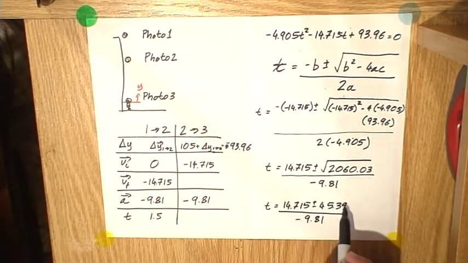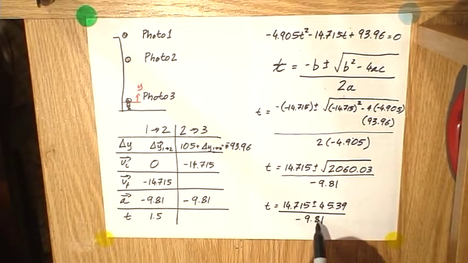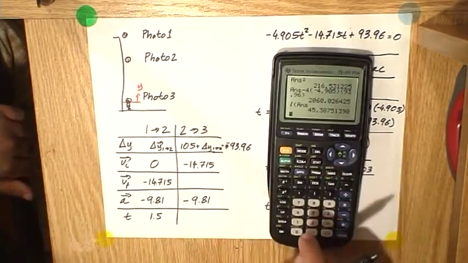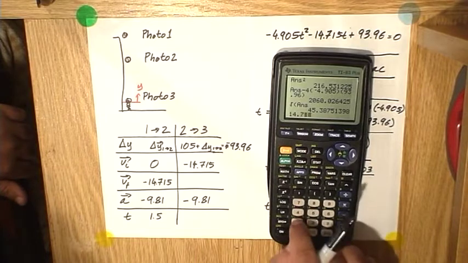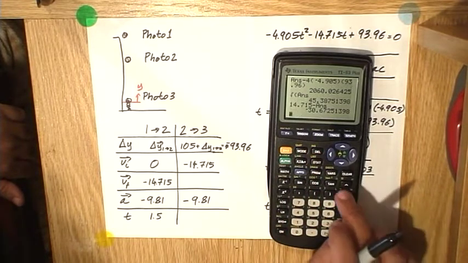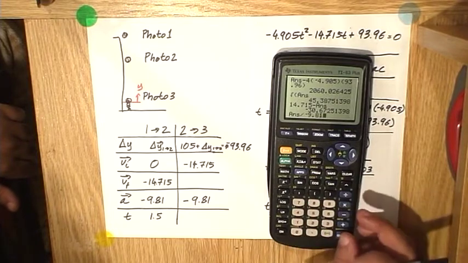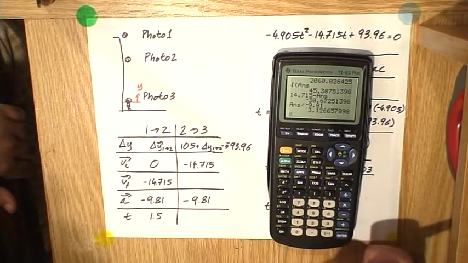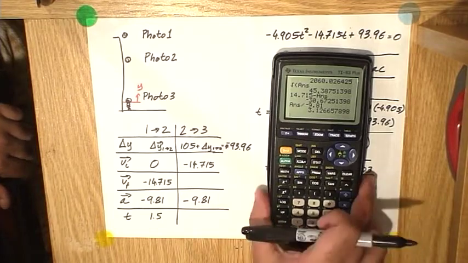Now if I added these, I would get a positive numerator, but a positive divided by a negative would give me a negative, so that won't work. Instead I have to take the negative side. So 14.715 minus 45.39 divided by negative 9.81 gives us 3.13 seconds.